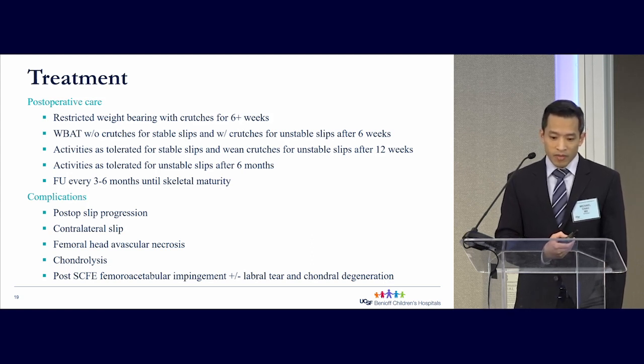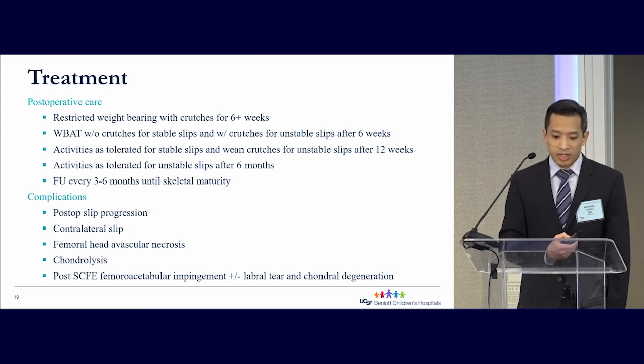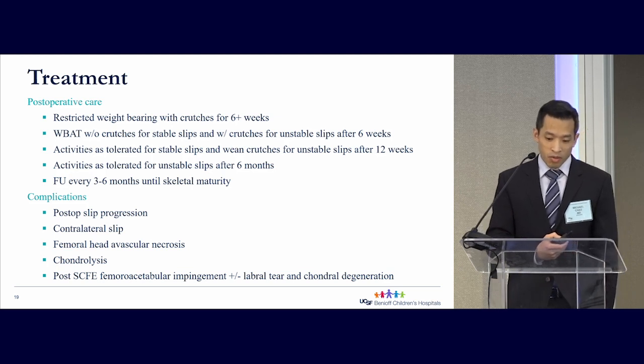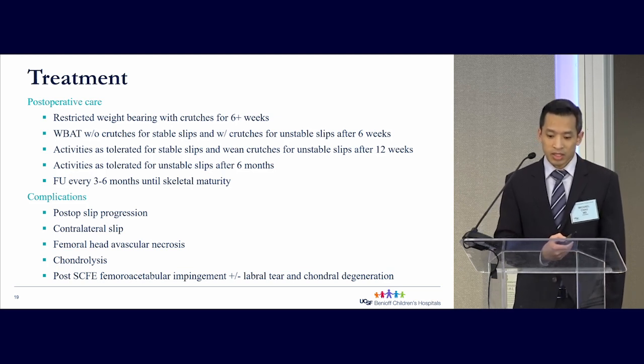Because there is a risk of contralateral slip within 18 months, follow-up of the patient every 3 to 6 months should be done until skeletal maturity, or at least up to 18 months to 2 years.